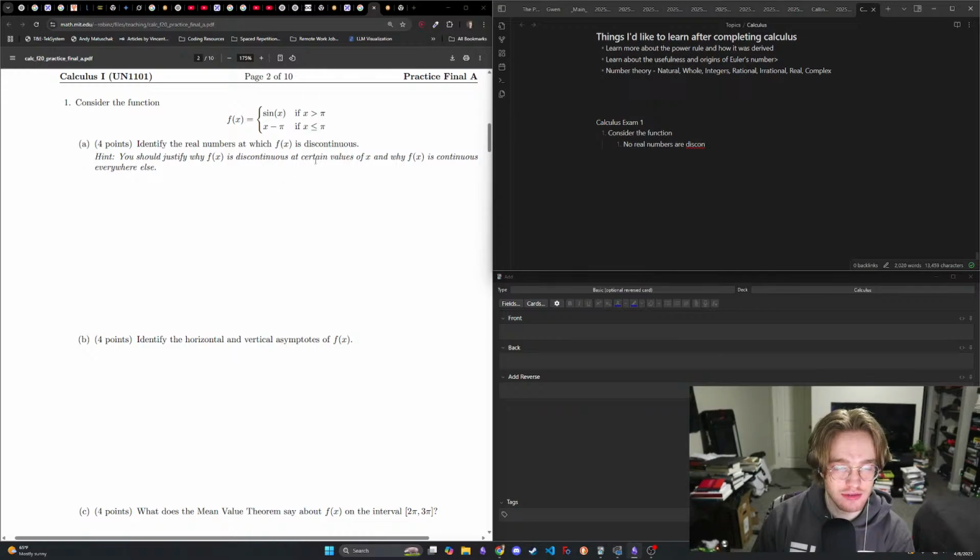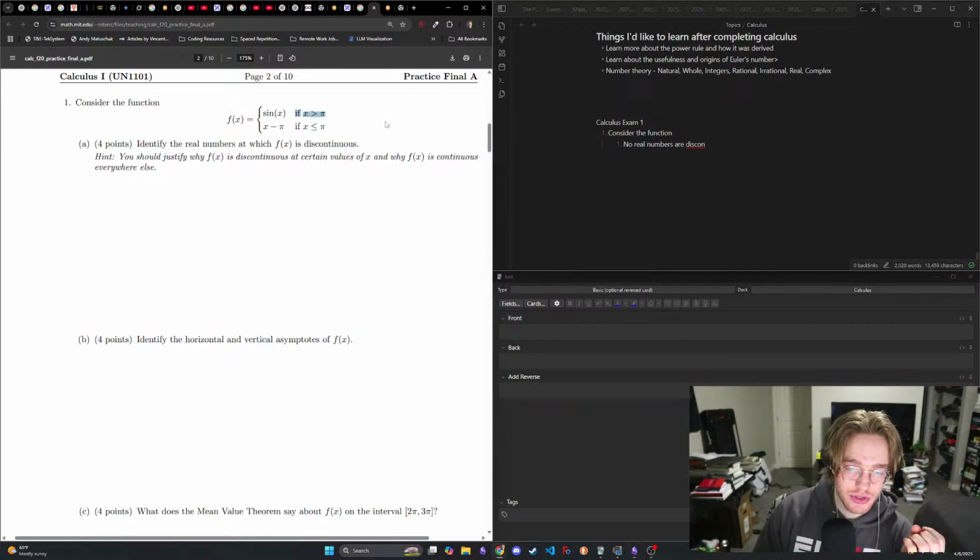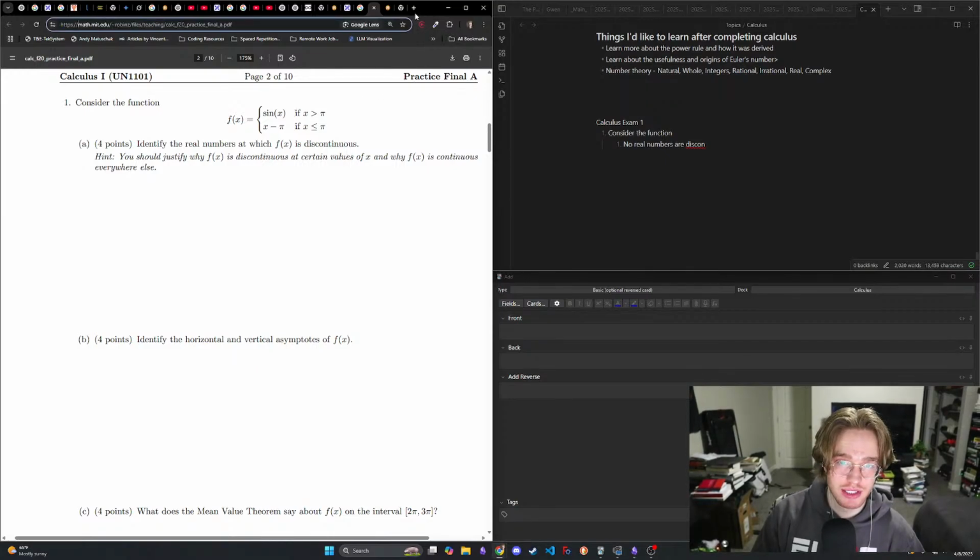This is fairly obvious. So for x greater than pi, we have this function. We use this function until it equals pi, and then we use this. So the limit approaches pi here, and the limit at pi would also be reasonable here. If we take the limits of both of these functions and they're not equivalent, then we have a discontinuity.